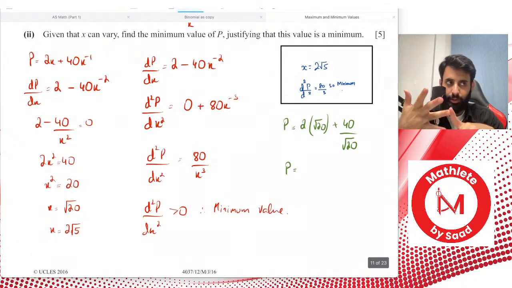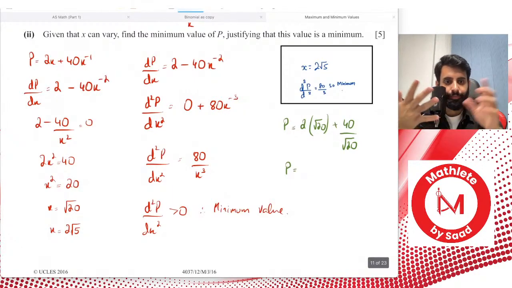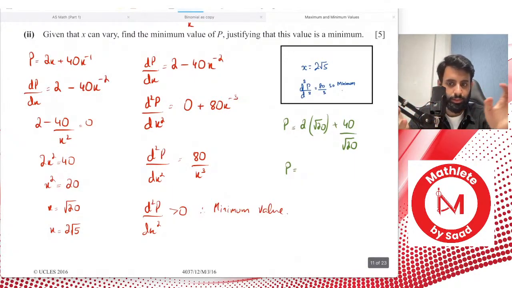Then there's also coordinate geometry, which you should definitely do. And also normal integration, not just integration under the curve, but just integration of trigonometric functions and all that. I think that's about it.